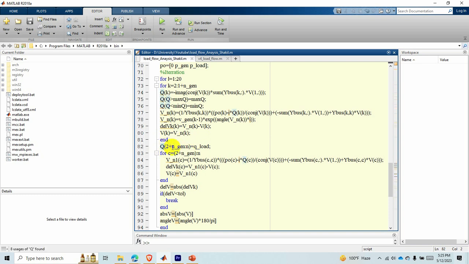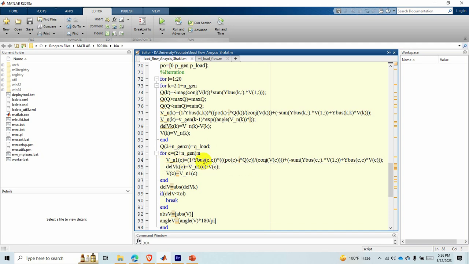Here we already calculated the reactive power for the generator buses, so we already know the reactive power of the load bus, so I took this value like this. This loop is for calculating the load bus voltage.